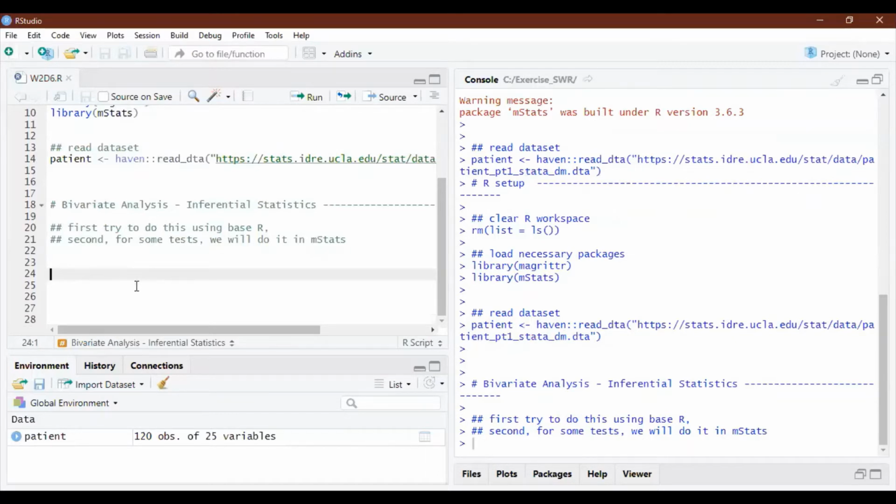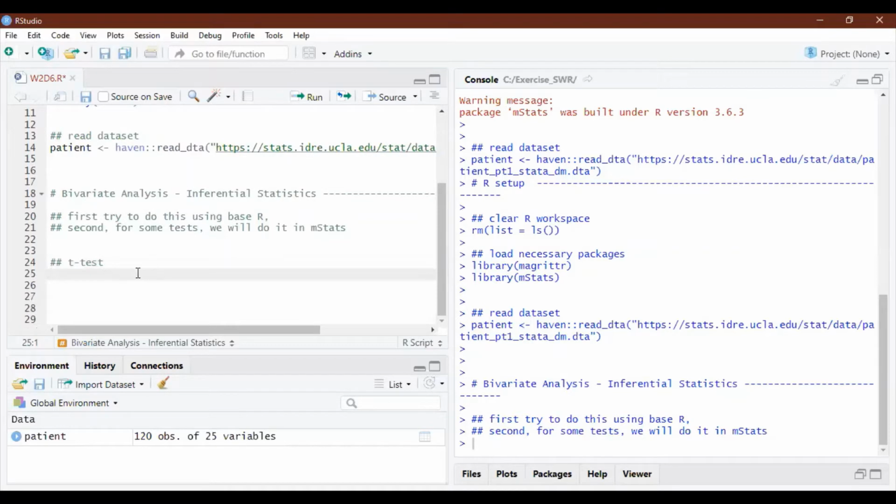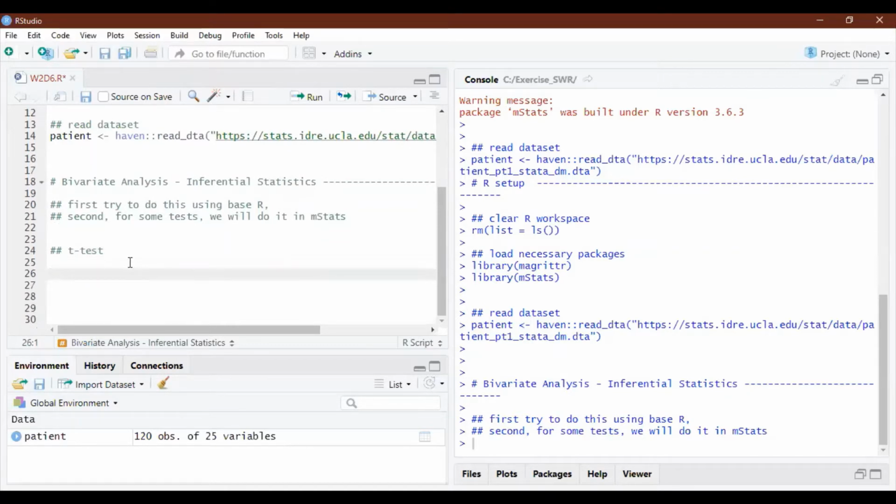Where should we start? Let us start with the t-test. When to use the t-test: when you have one continuous variable and one categorical variable.